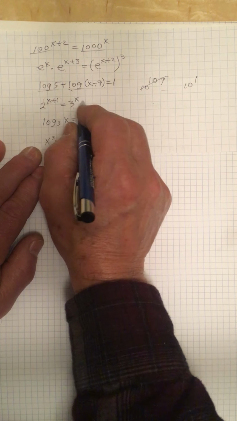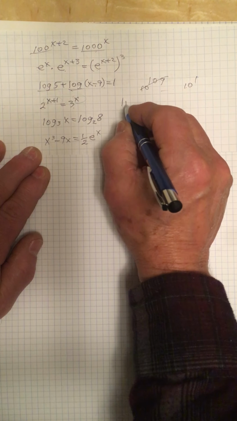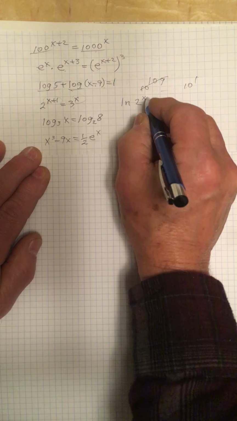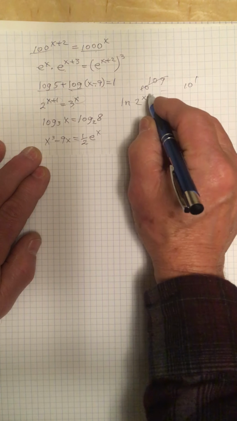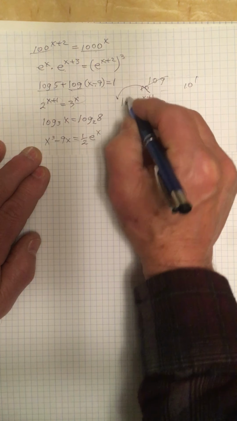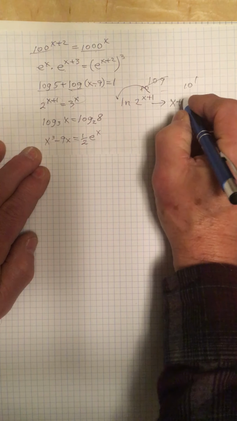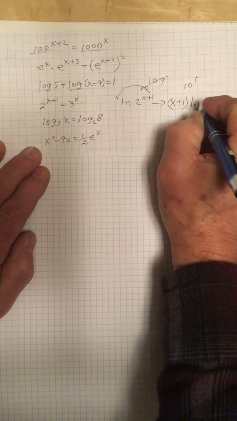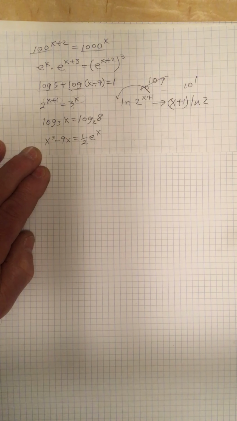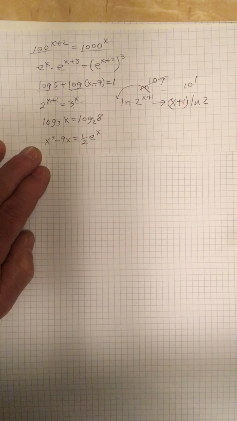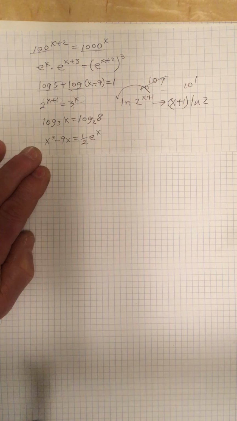That's a way to get these out of here, because let's just look at the one side. Because you can take and move the exponent out front. Using the properties of exponents.